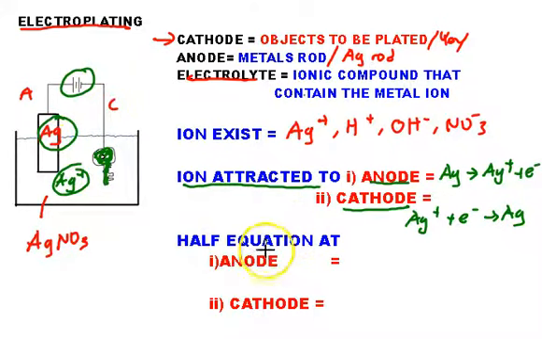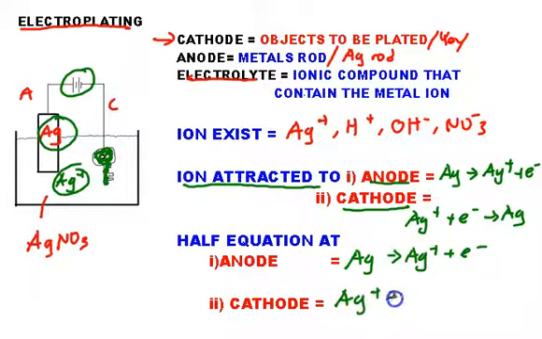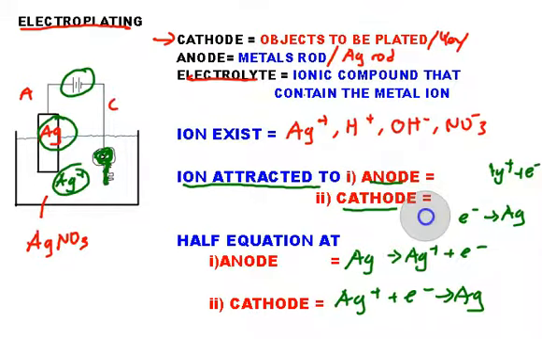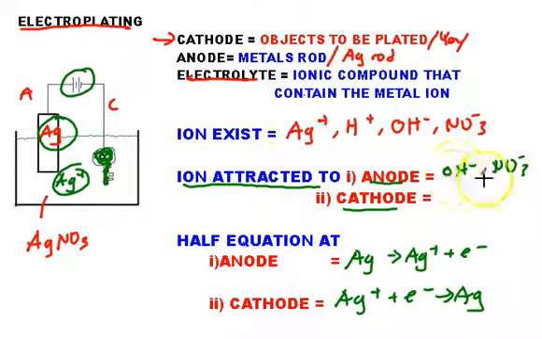Okay, now for your half equation. Oh yeah, this is supposed to be the half equation here. Let me just copy it down. So for the ions attracted, at the cathode you have argentum ions and also hydrogen ions.